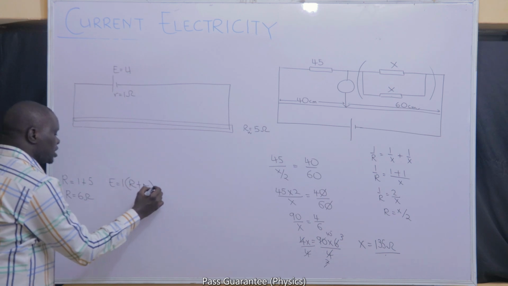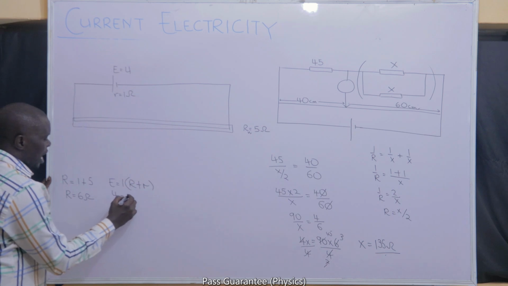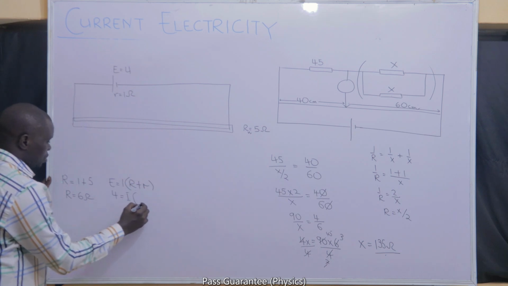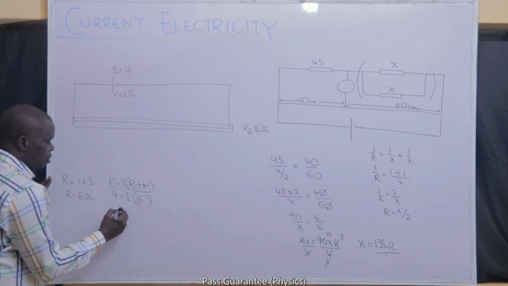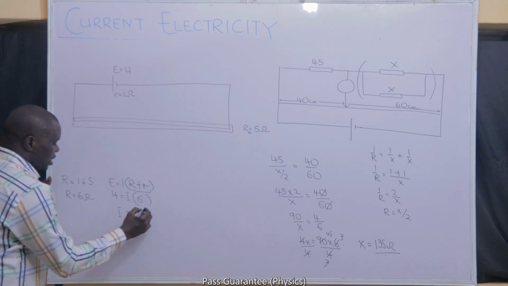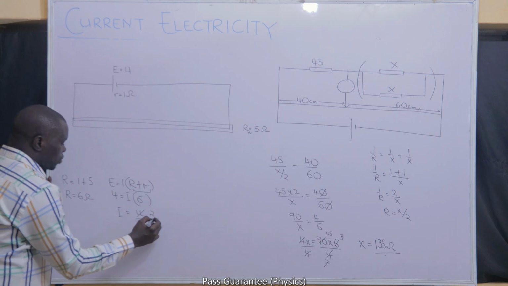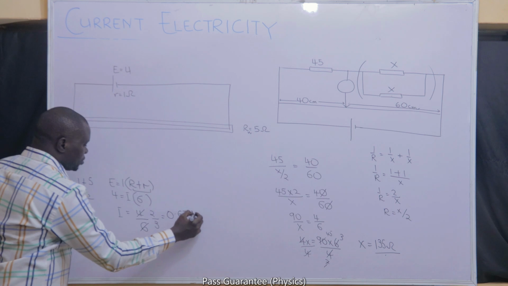These are just simple resistor questions. The E is given to be 4. I we don't know, but we know the total R. We have just calculated it here, 6. So I must be equal to 4 divided by 6. And that should be 2 all over 3, which is 0.67 amperes.